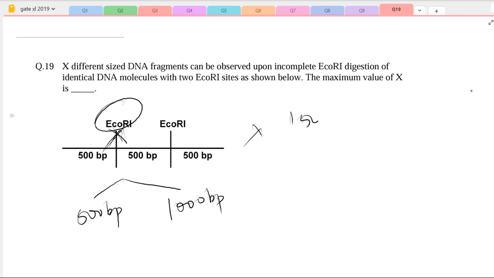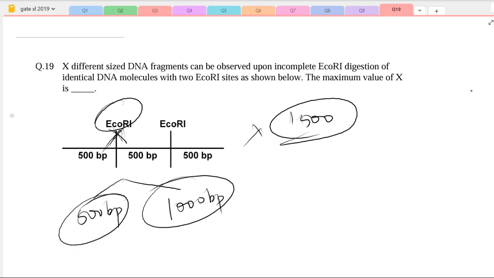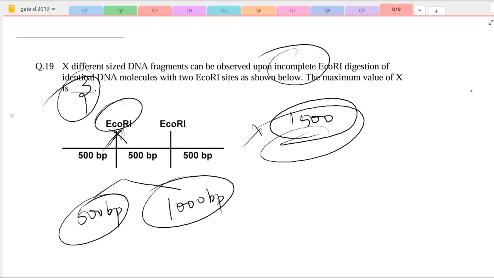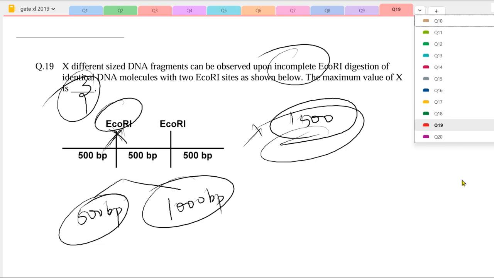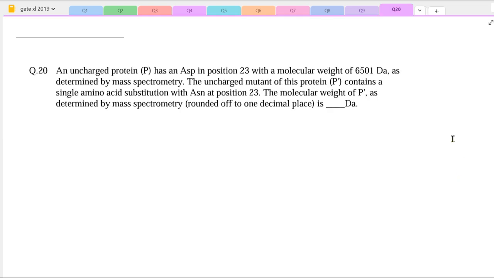So in that case, the DNA fragments would be undigested and remain as 1500 itself. That is 500, 500, and 500. So in that case, you have three types of DNA fragments of different lengths being generated here. So the maximum value of X is 3 because here it's incomplete digestion. It's a very simple question if you know basic genetic engineering. Moving on to the next question, or the last question.